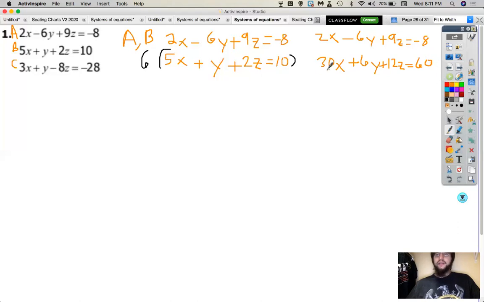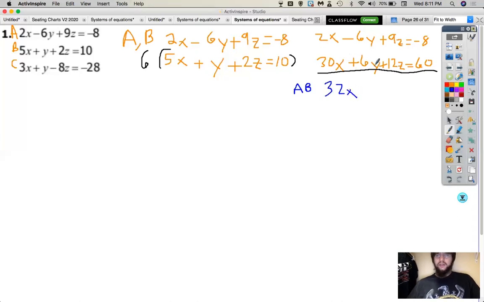Now, if we combine these guys, we're going to get the y's to eliminate. But I need to name this thing. So I'm going to name it AB, because it's A and B stuck together. I'm going to try and color code these things. I'm not sure I'll be successful. 32x.